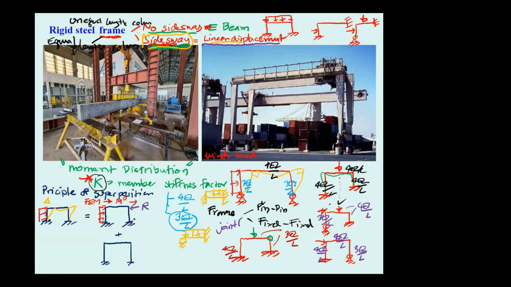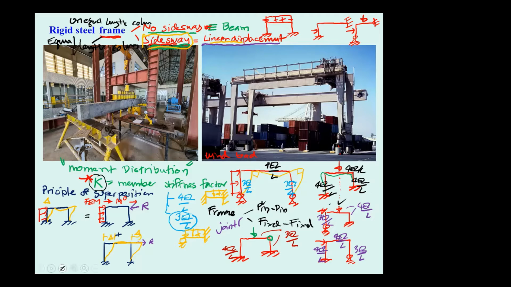Okay, so we will get the value of this, and in reality we must put the resistance force into the next frame, and let this frame have the sidesway of delta, in which all the beams must be horizontal like this, and then we have the lateral displacement delta.